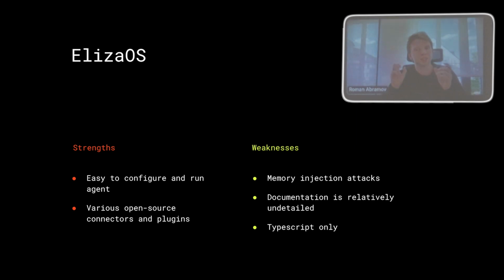And the weakness is actually memory. Not only injection attacks, but I have also stumbled upon the fact that you cannot provide dynamic memory in the current implementation, which also restricts you from many use cases when you need to dynamically update your memory.